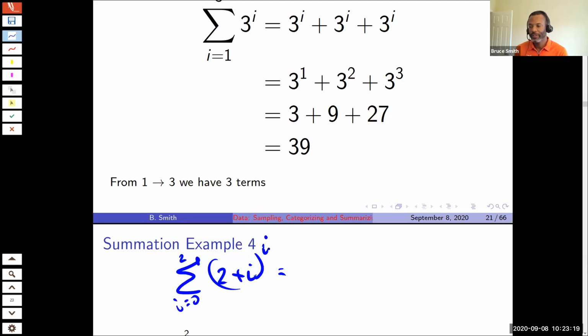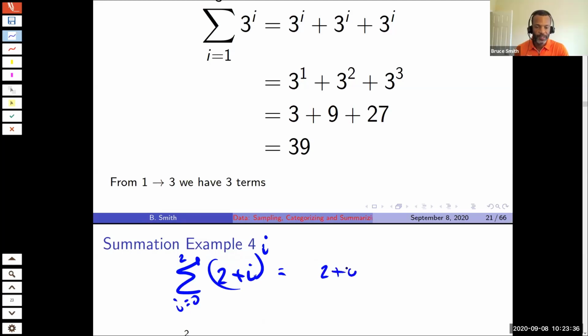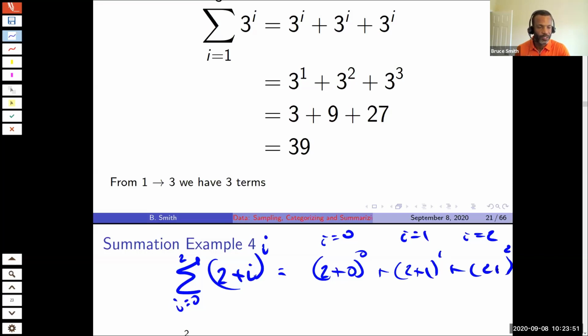So where do we start? At 0? Start at 0. And so tell me what to write then. It'd be 2 plus 0 to the power of 0. So that's perfect. That's i starts with 0. And you know there's going to be an i equals 1, i equal to 2. And we're just going to do the ka-chunk, 0, 1, 2, 2 plus 1, 2 plus 2, and so forth. So that's straightforward, hopefully.